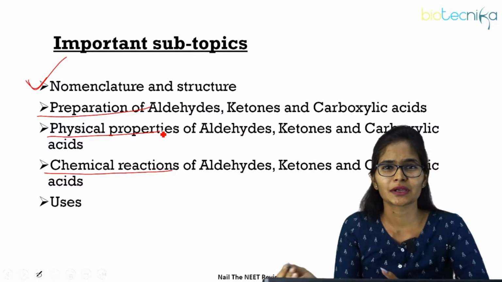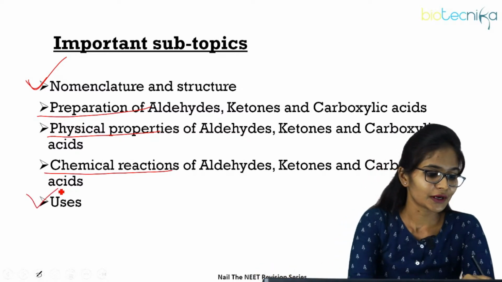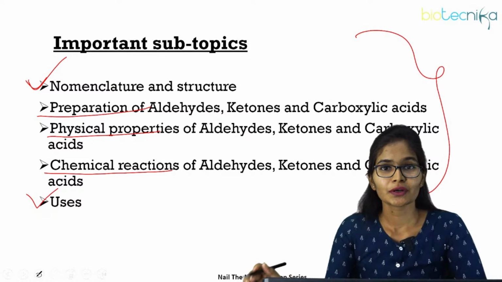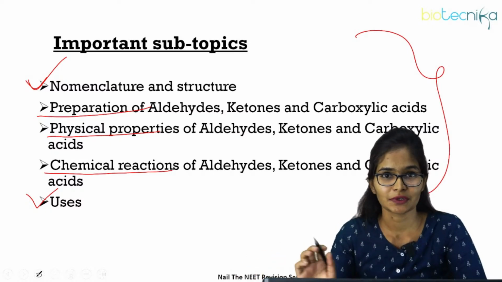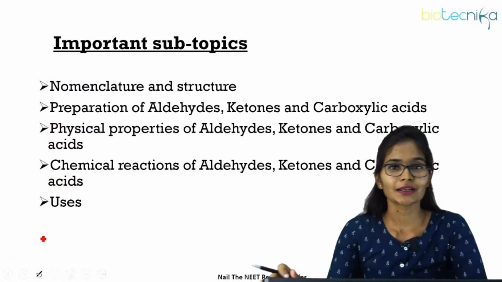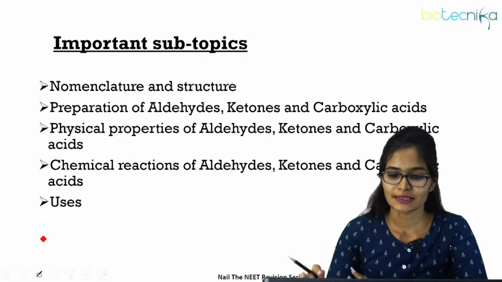Some physical and chemical properties you have to study, so that is important too. And apart from that, uses. These are all the important subtopics of the aldehydes, ketones and carboxylic acids chapter, right? So now we'll start with the actual part of the chapter.